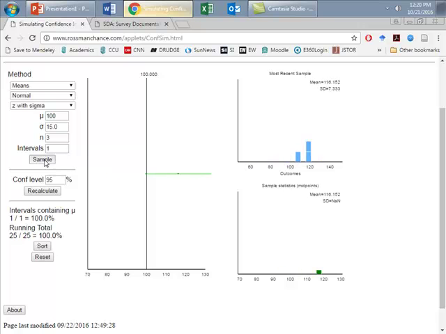I think my n was too big. I think having 100 people or 100 instances might have been the reason why.